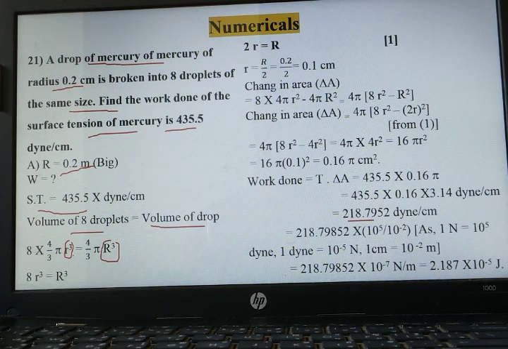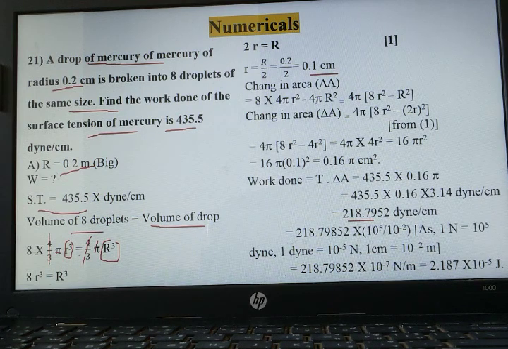Again 4 upon 3 pi will get cancelled on both sides. So we get 8 r cube equal to R cube. After taking the cube root, 2r is equal to capital R. We can also write small r is equal to capital R upon 2. Capital R's value we know, so 0.2 upon 2, we will get 0.1.